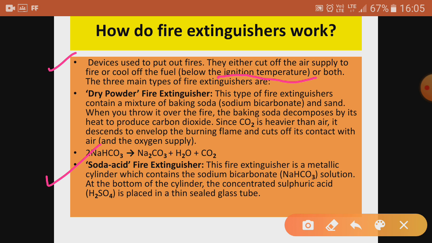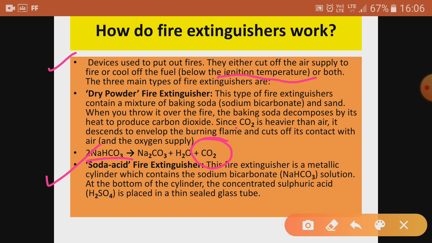When you throw it over the fire, the baking soda decomposes and produces carbon dioxide. You can see here, this is baking soda, sodium bicarbonate, and the moment it is thrown over the fire, it decomposes and forms carbon dioxide.